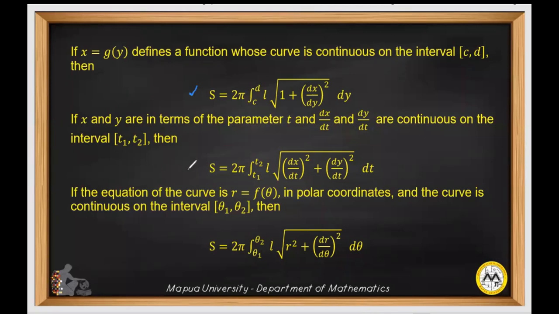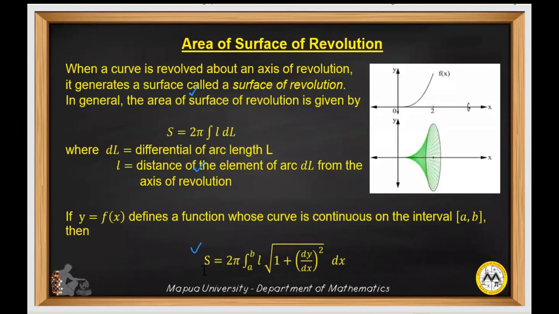If we have parametric equations, x and y in terms of t, or a polar equation in polar coordinates, or of course, if we have y as a function of x, then to compute the area of surface of revolution, we use this formula.